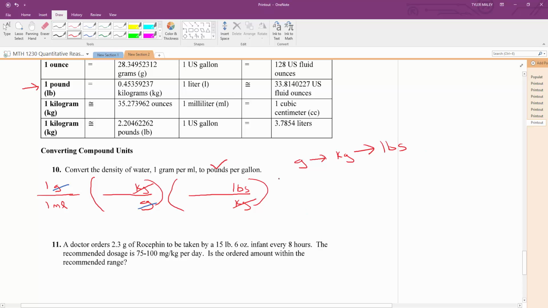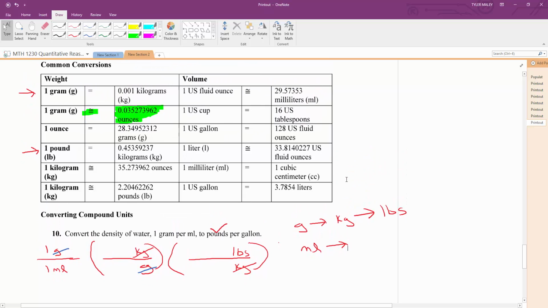But now I'm going to have to make some more fractions. So I want to convert milliliters into gallons, right? So let's look and see what we have for milliliters and gallons. I have a connection here, 1 liter to fluid ounces, so that doesn't do milliliters.